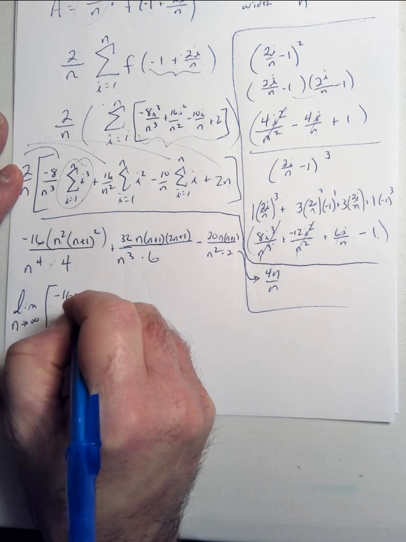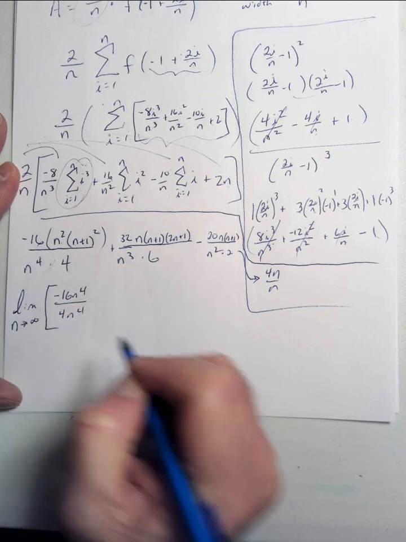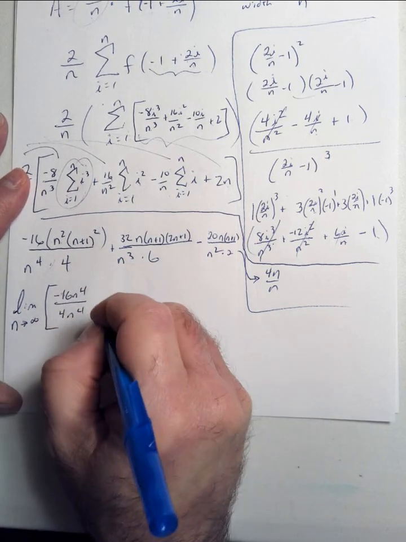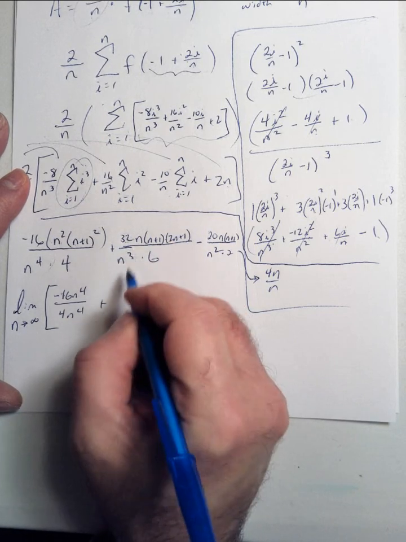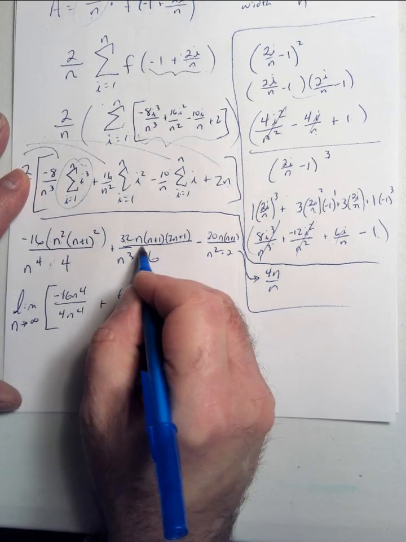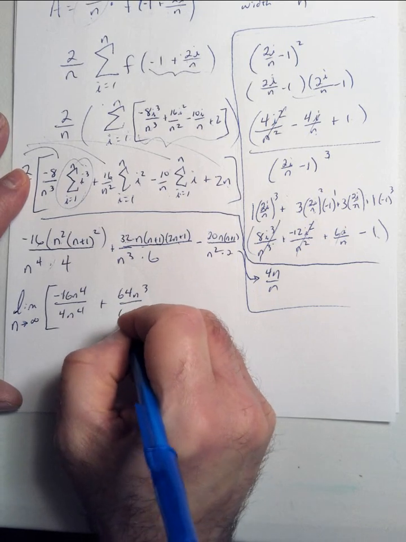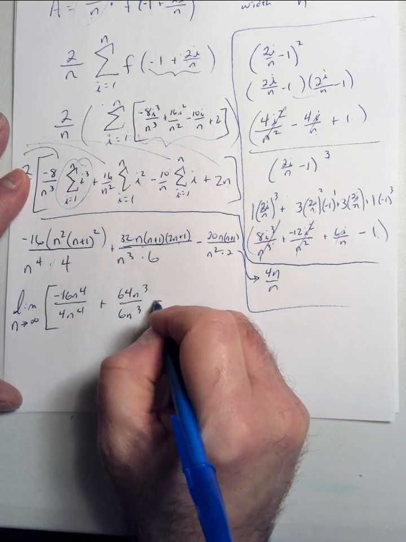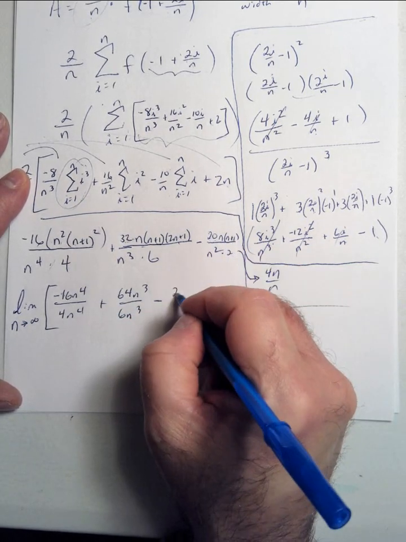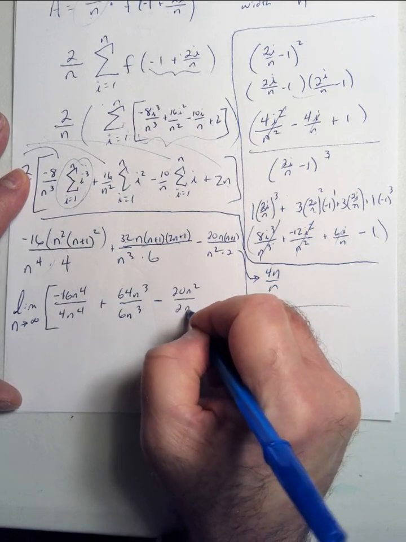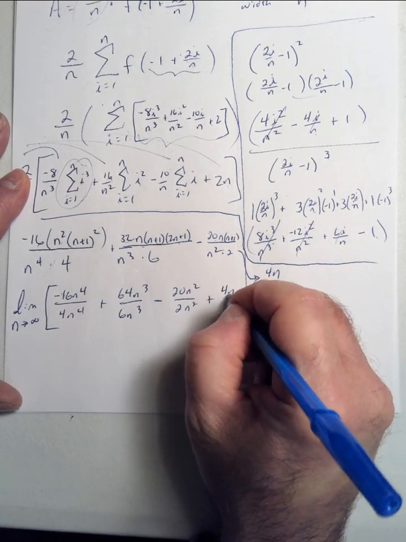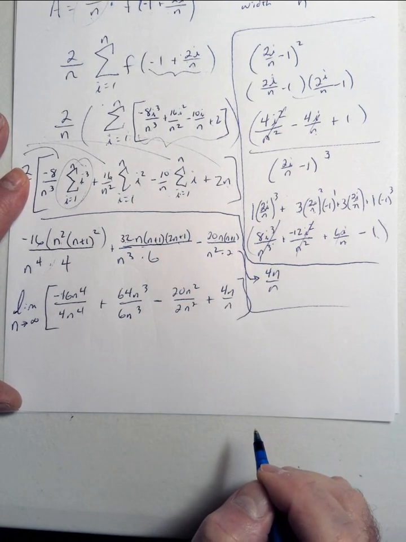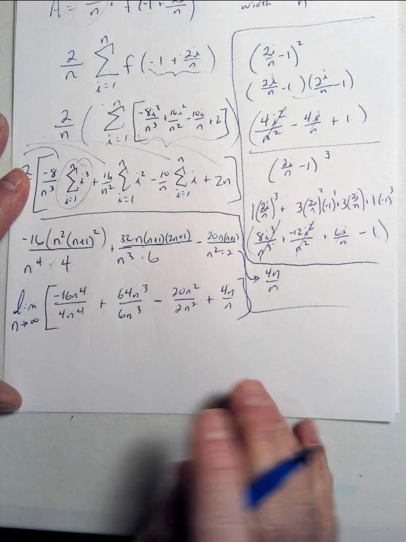We're talking 16n to the 4th over 4n to the 4th, but it's negative, plus 32 times, don't forget that 2 here, so 64n cubed over 6n cubed minus 20n squared over 2n squared. And all I'm doing is writing those leading terms, plus 4n over n.